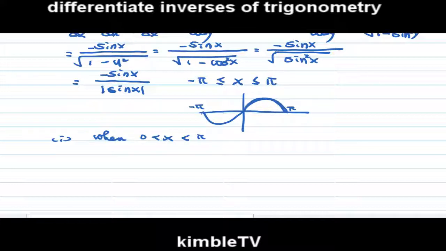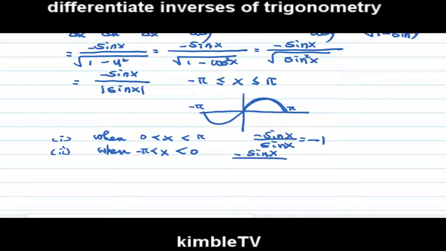On the sine x graph the y value is positive, therefore minus sin x over sin x is minus 1. Second, when x is between minus pi and 0, sin x in this domain is negative, therefore minus sin x over minus sin x is positive 1.